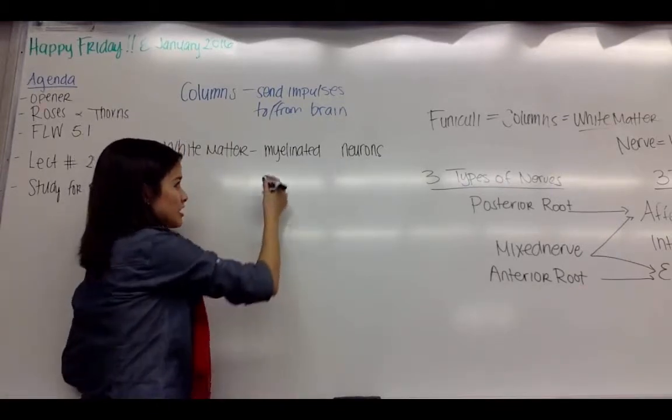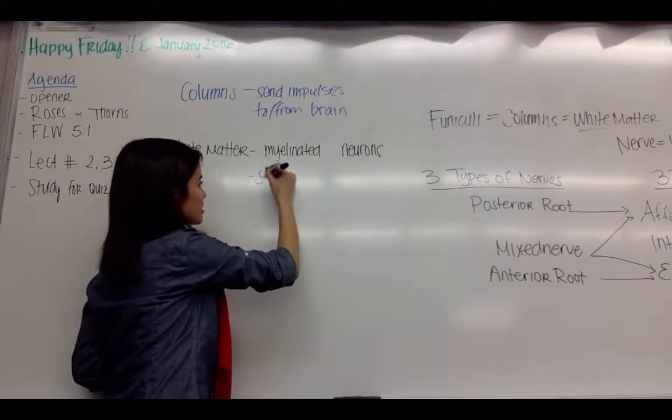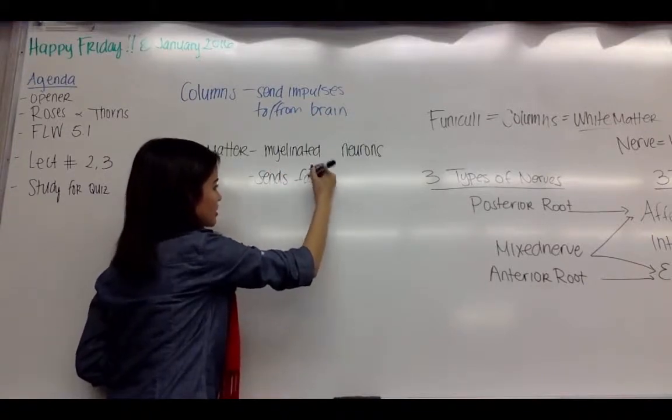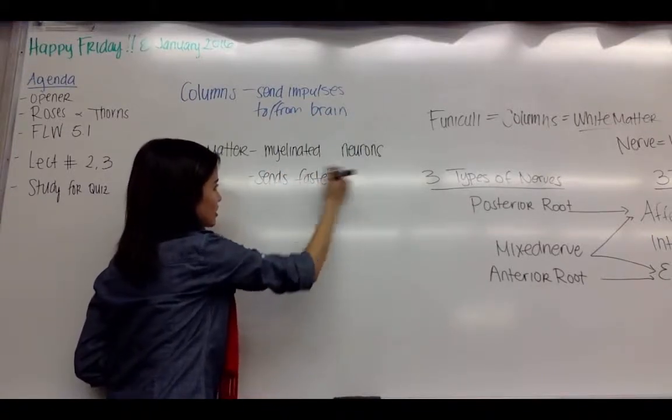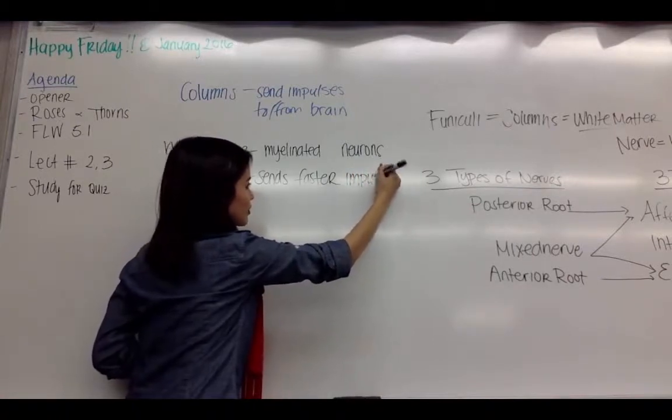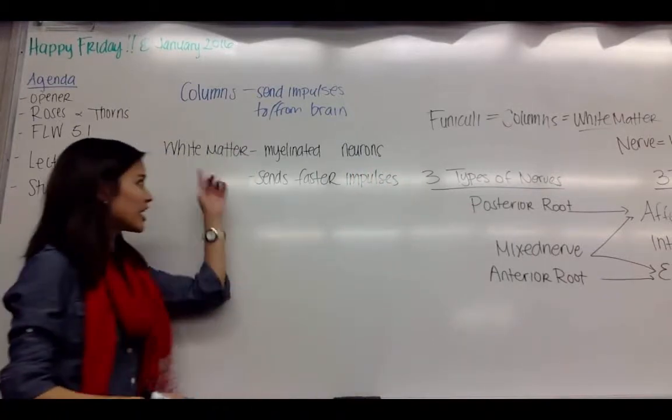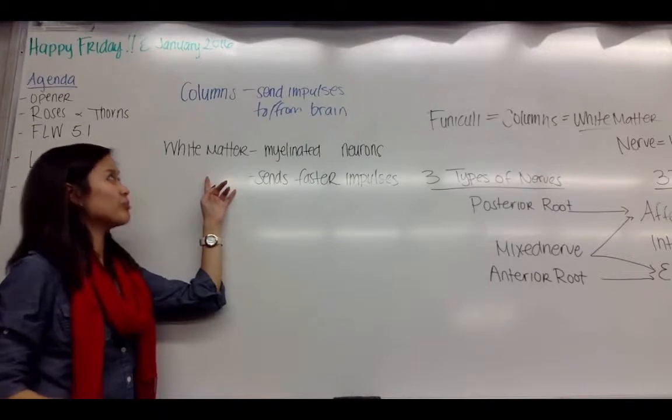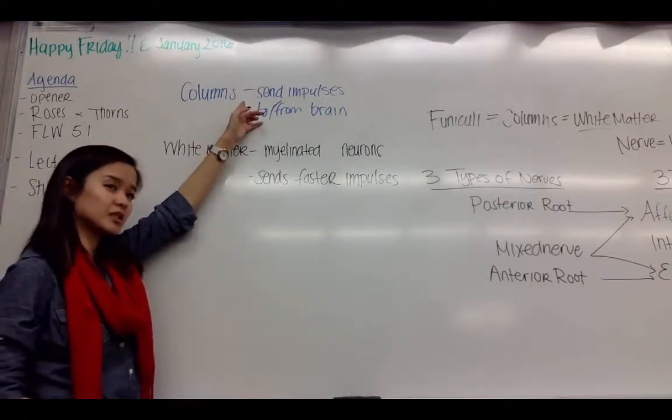Lexi? Send faster impulses. Sends faster impulses. So then for question number 4, it's asking why you have these kind of neurons performing this function, basically.